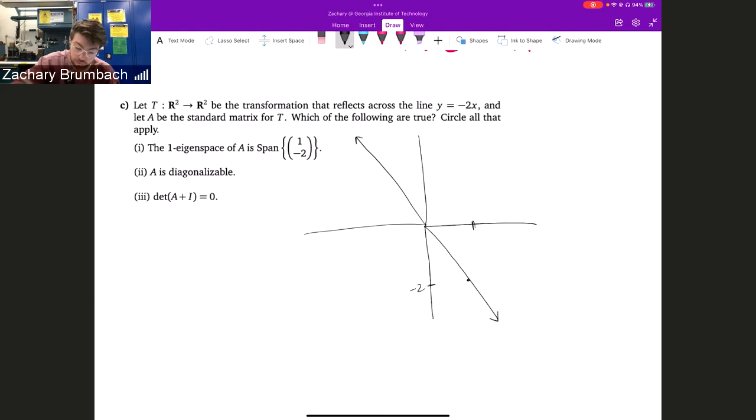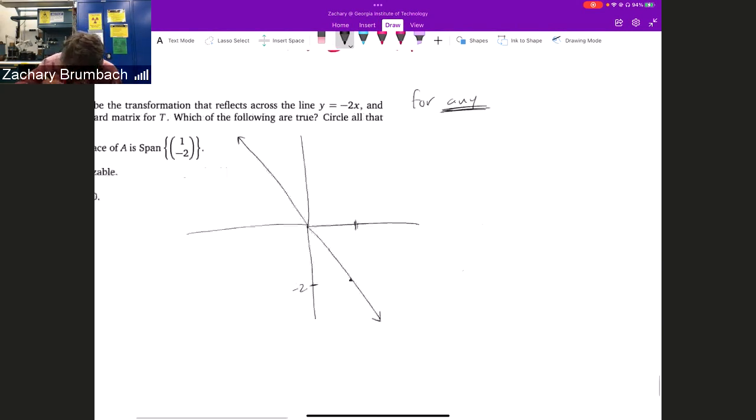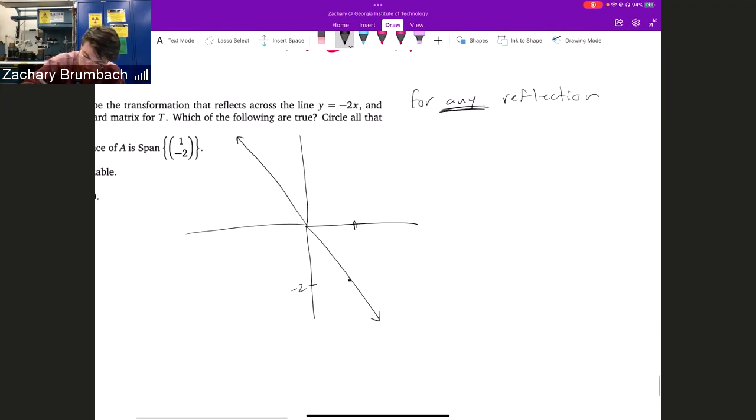So for any reflection, the only lambdas are 1 and -1. Always, always, always. Okay. You see reflection, you should know right off the bat that the eigenvalues are 1 and -1.